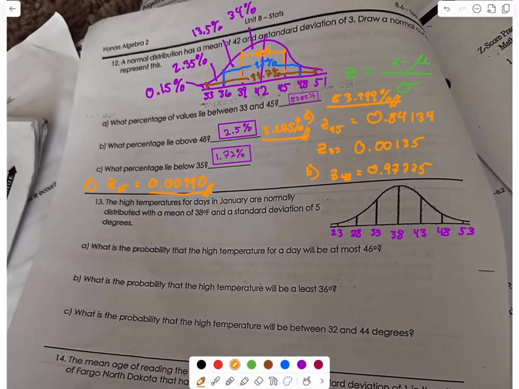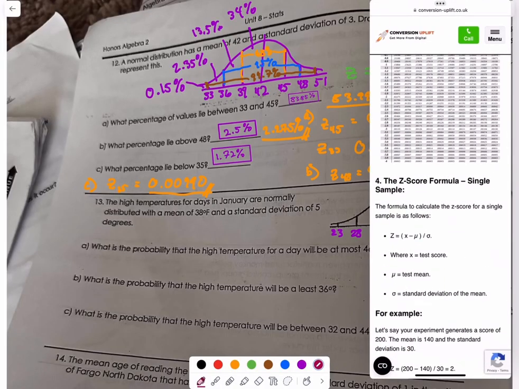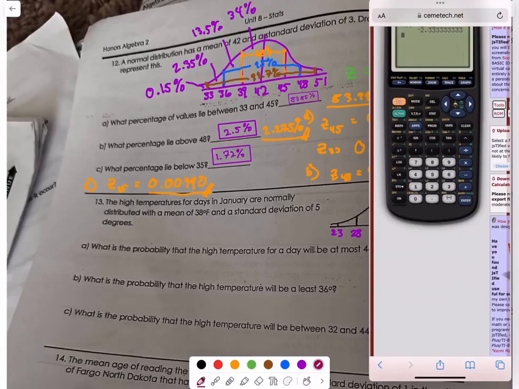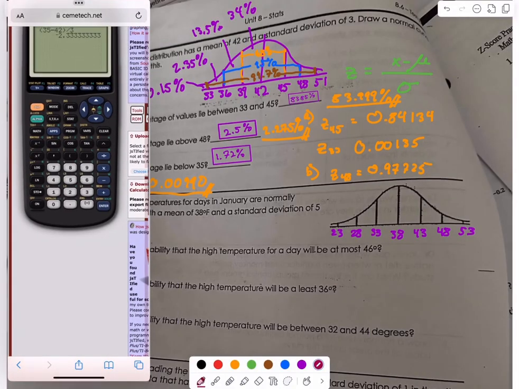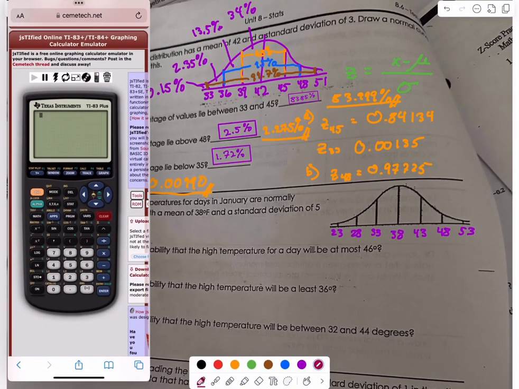Okay, so let's try the same thing for part A. I'll do this in, let's choose another color. We'll do burgundy. Okay, let me think. I think I'm doing this right. Probability the temperature will be at most 46. Yeah, I want to say these charts are giving us the probabilities. So let's find the corresponding z-score.